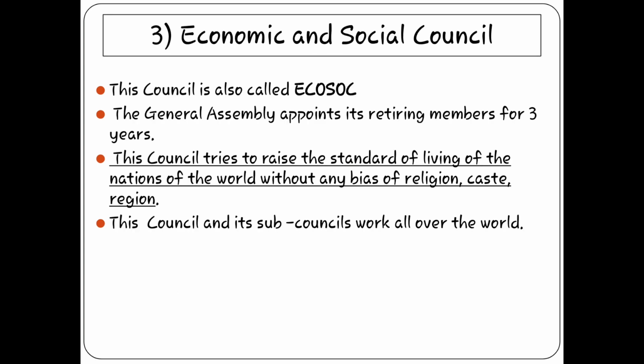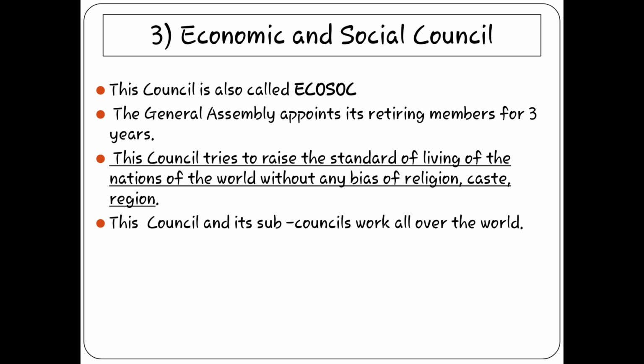Third one is the Economic and Social Council. As I told you, this council is also known as ECOSOC. The General Assembly appoints its retiring members for a period of 3 years. This council tries to raise the standard of living of the nations of the world without any bias of religion, caste or region.